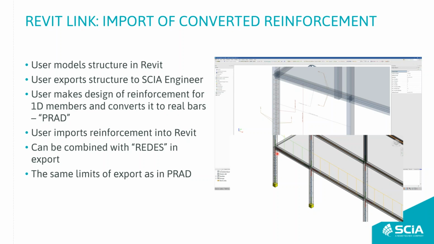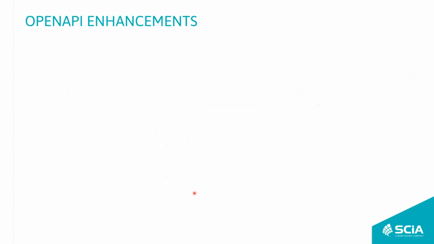In the case of the practical reinforced automatic design, we are applying the same limits also in the case of the export from SCIA Engineer to Revit. So we are using the same limits.